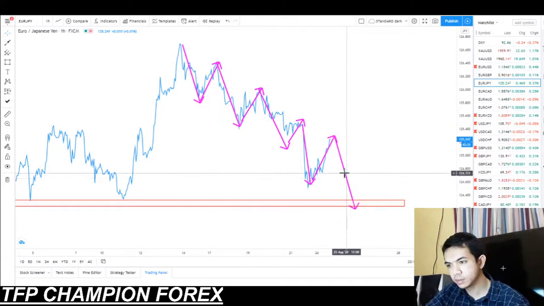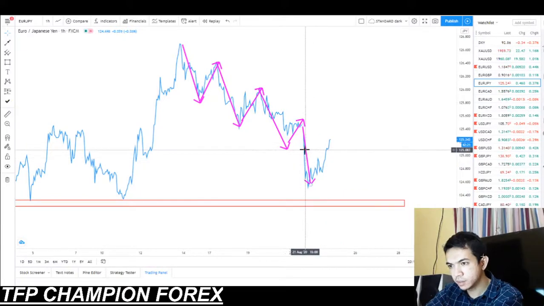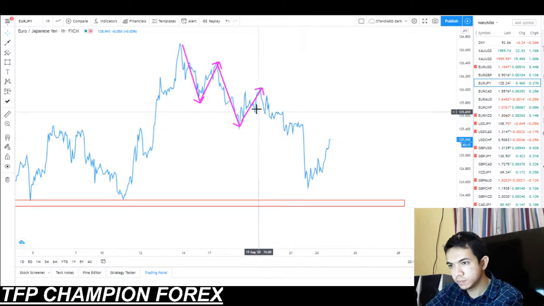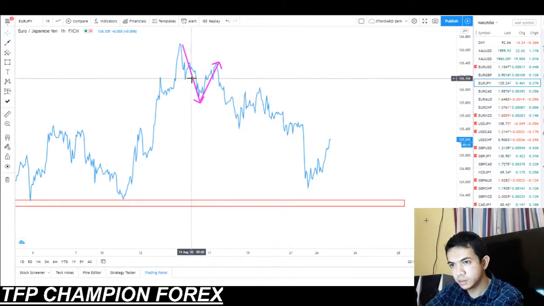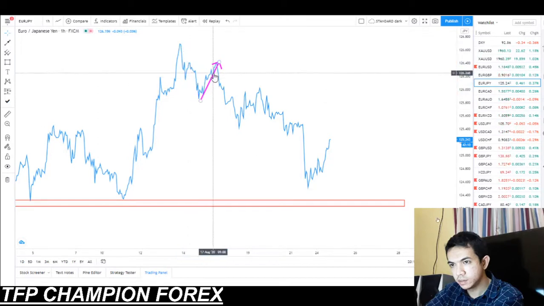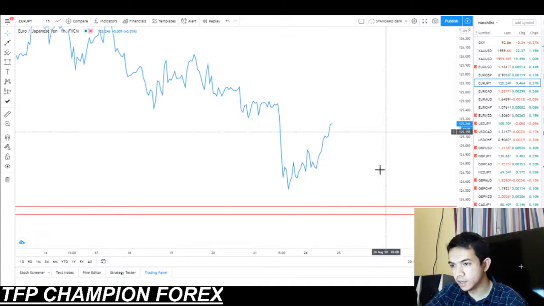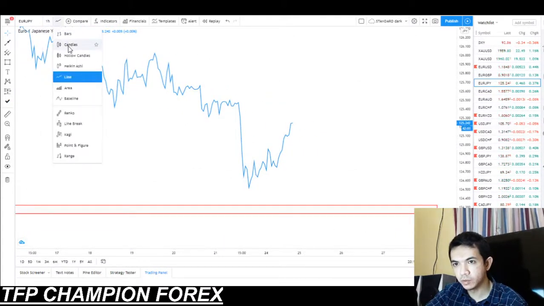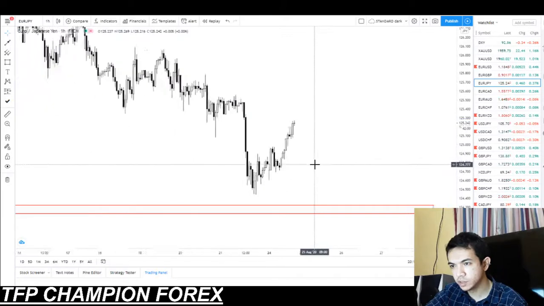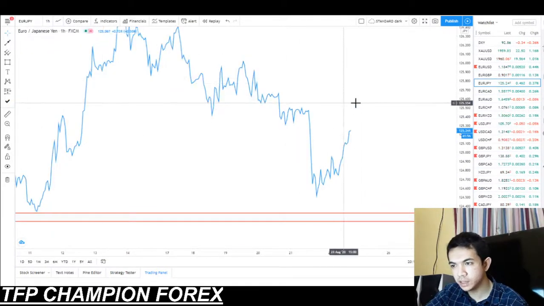Right? So I'll just delete these arrows. Sorry. So meaning I want to sell at this level. Going back to the price chart, we can also look for another key significant level or zone.